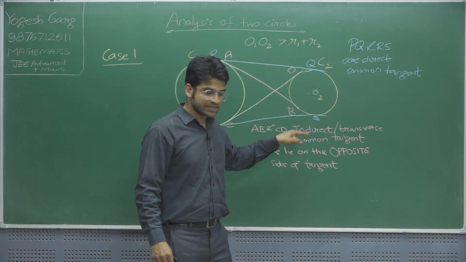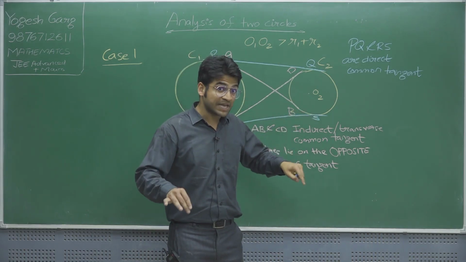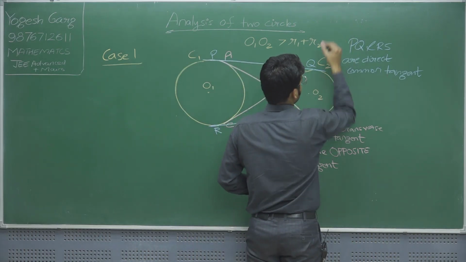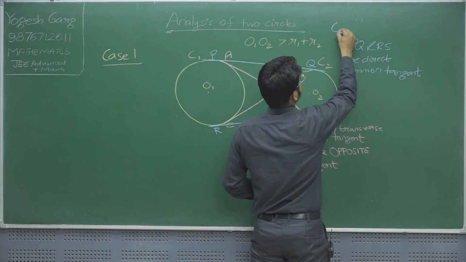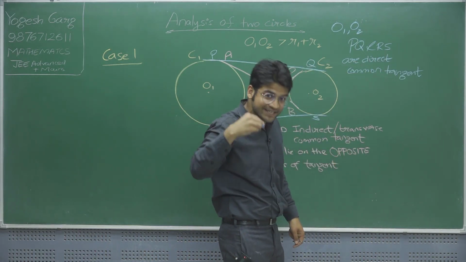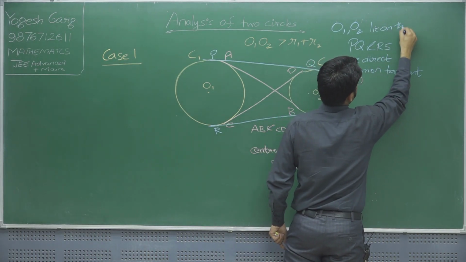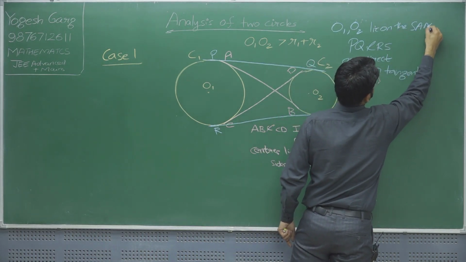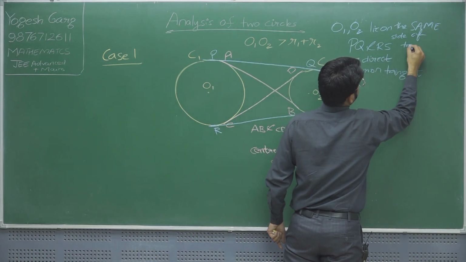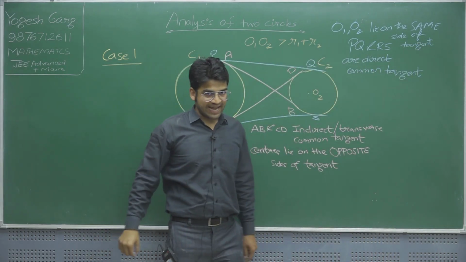Similarly, for RS, O1 and O2 lie above RS. So O1 and O2 lie on the same side of the tangent, not on the opposite sides. We should write it down that O1 and O2 lie on the same side of the tangent. So this is the difference between direct and indirect common tangent.